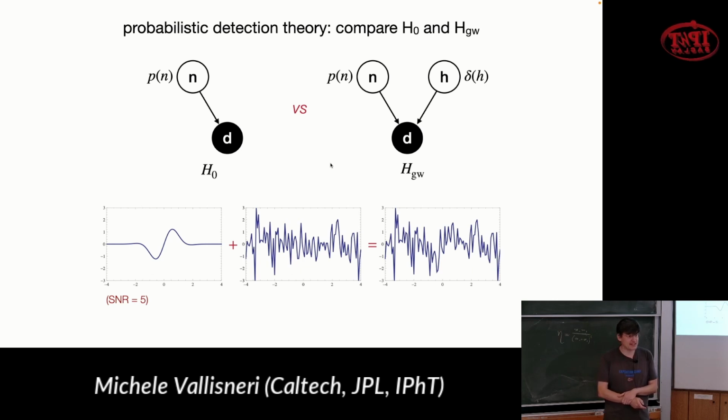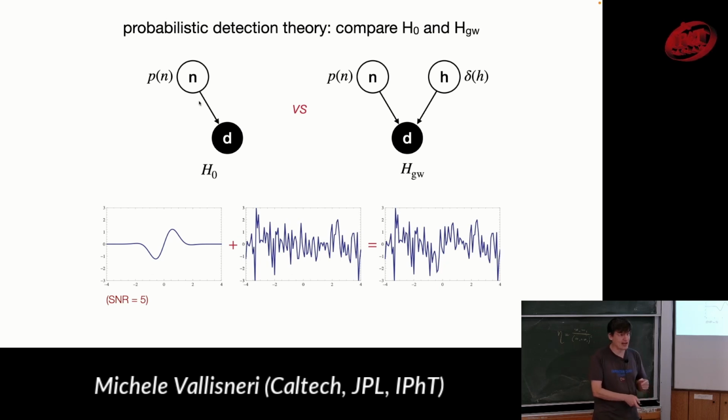The idea is that what you measure is at the bottom, the data in this case, and everything that contributes to make it is above it with arrows. So you can use it in two ways. If you want to simulate your data, you start at the top, simulate at the top, and then go down. If you want to do inference, you start at the bottom and go back up.